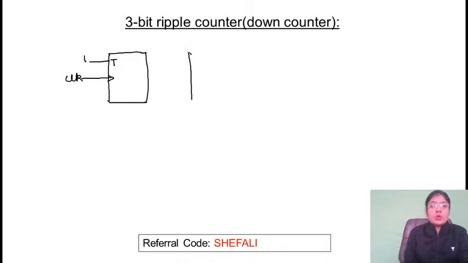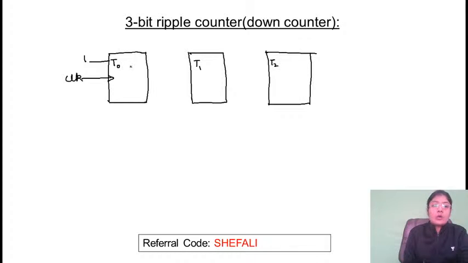T is equal to 1 is nothing but the same case as that of J is equal to 1 and K is equal to 1. T flip-flops, let me call these T0, T1, T2. Outputs are Q0, Q0 complement, Q1, Q1 complement, Q2, Q2 complement.